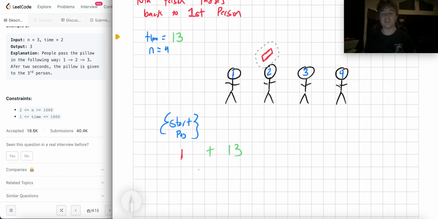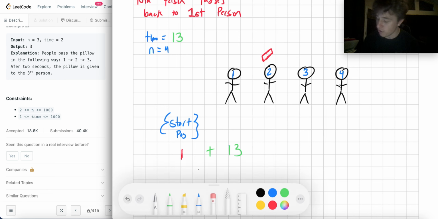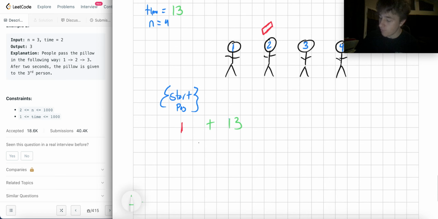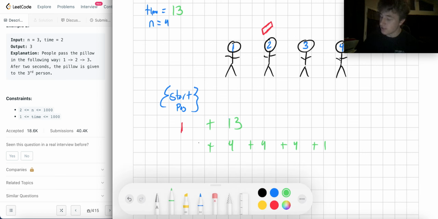So it's the same thing as only moving 1 position from the beginning, right? And why is that? Well, because 13 is really 4 plus 4 plus 4 plus 1. So each 4 becomes a 0.